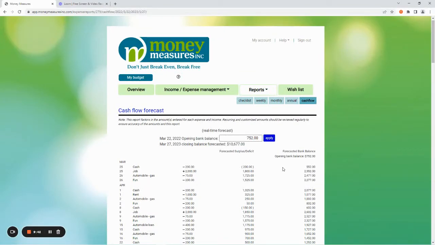So showing what will be happening in the bank account and what the bank balance will be after each transaction of money coming in and money going out.